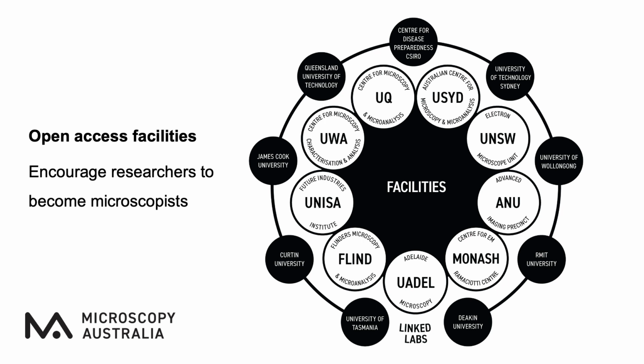We also have links to a whole array of other facilities that can all provide open access to researchers who need to use microscopy. So it really is a collaborative structure that enables researchers to come in and use the instruments they need to do their research. Now, we occasionally do the actual microscopy for researchers, but we do encourage researchers to become microscopists.